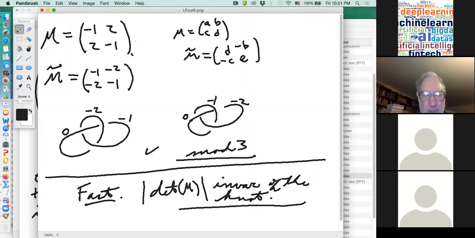For example, you could do it by examining how the determinant of m would behave under Reidemeister moves. I won't try to do that here, but I've given you quite a bit of work to play with this kind of an example. So let's leave it at that and go on to talking about oriented quandles.